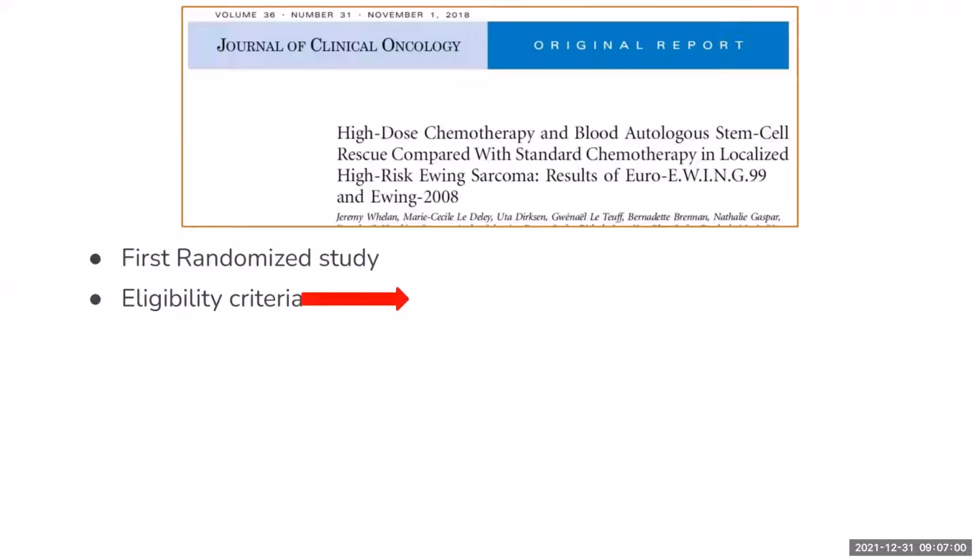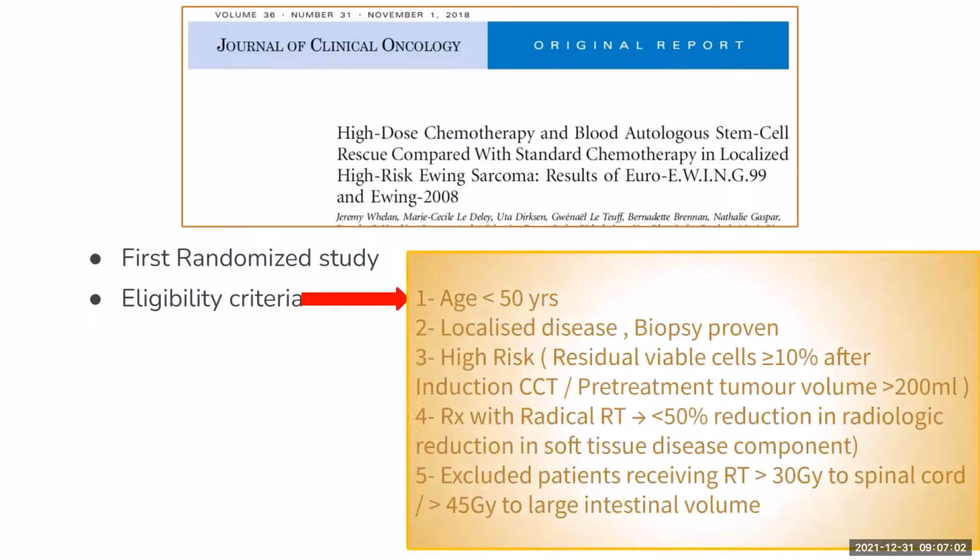So this was the first trial, where you can see they had classified patients into 3 arms. We will see about the metastatic subgroup.